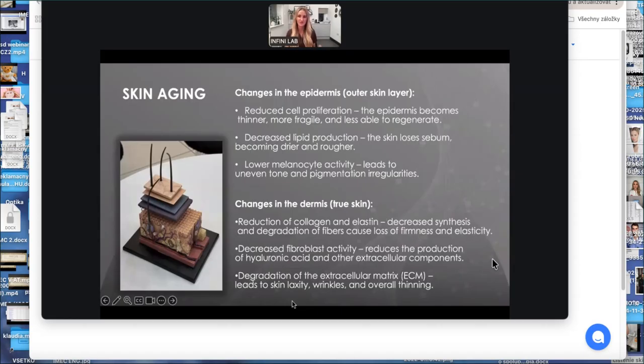So let's start from the skin, because as we know, the skin, of course, dermis, epidermis, and I think all of you here are specialized, and you are specialists, so you know perfectly well. And we know we have the reduction of collagen and elastin, I will mention before. We have a drop in production and degradation of the fibers.